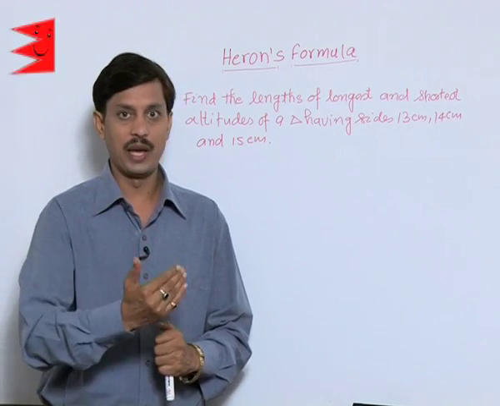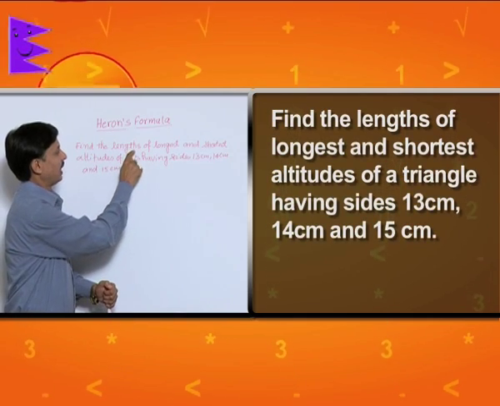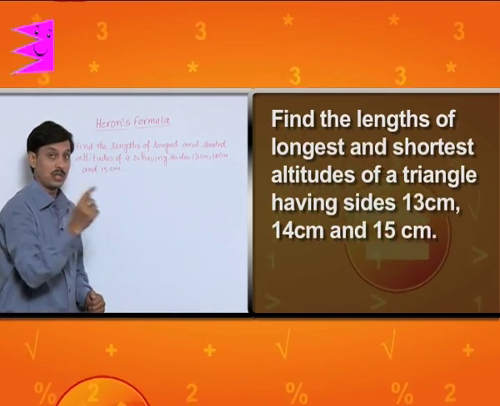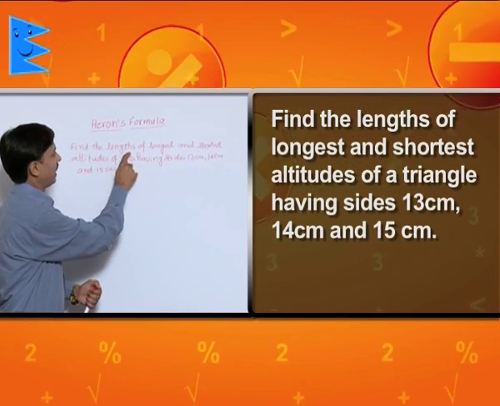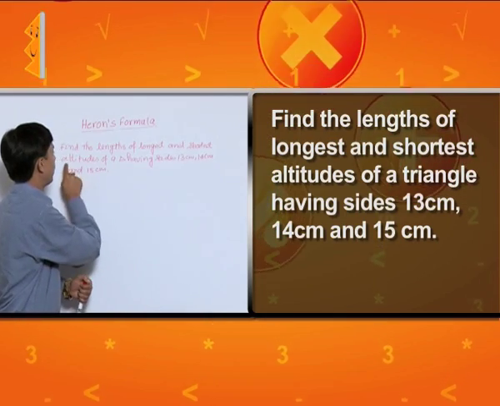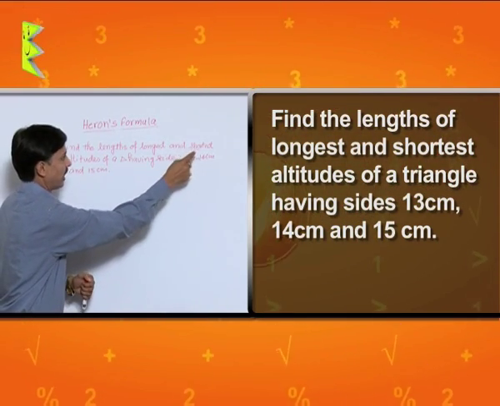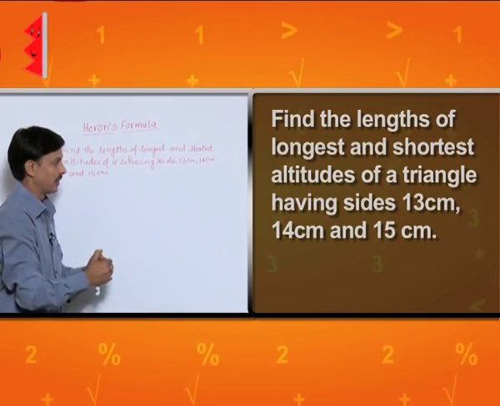How will I apply it? You will see. Find the lengths of the longest and the shortest altitudes. That's why two altitudes are required. Find the lengths of the longest and shortest altitudes of a triangle having sides 13 centimeter, 14 centimeter and 15 centimeter.